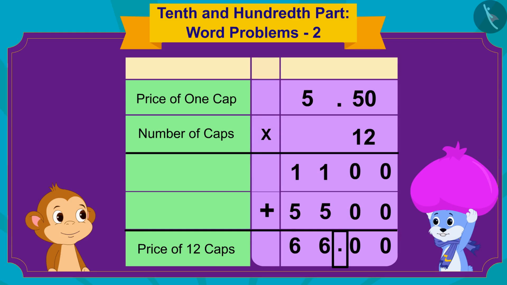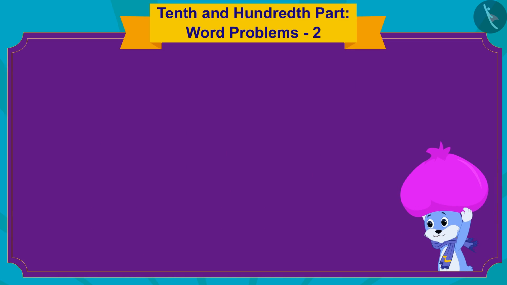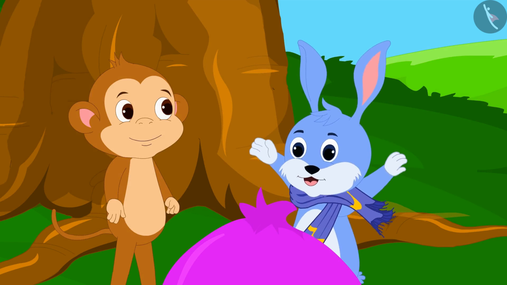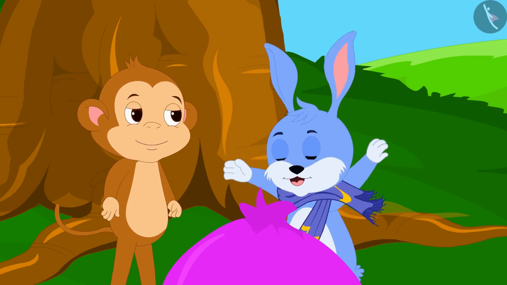If I put the decimal point here, there will be only 2 digits or 2 zeros after the decimal point. Oh wow! I'll earn 66 rupees by selling 12 caps."